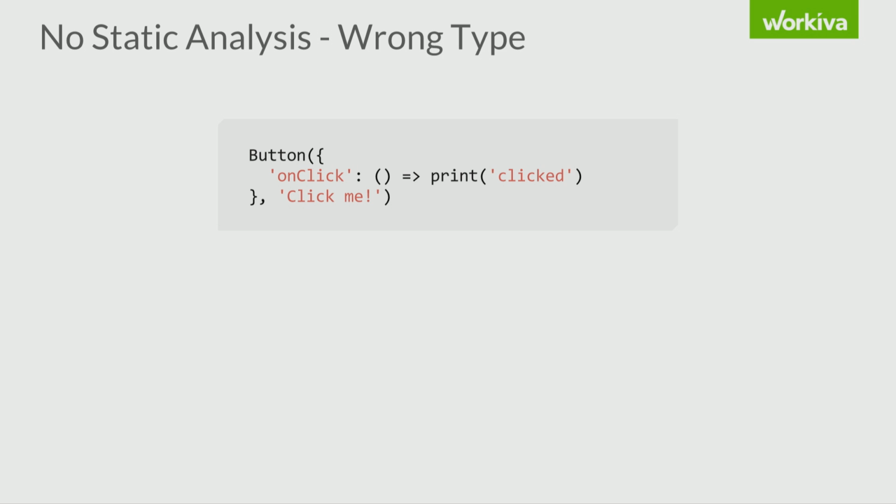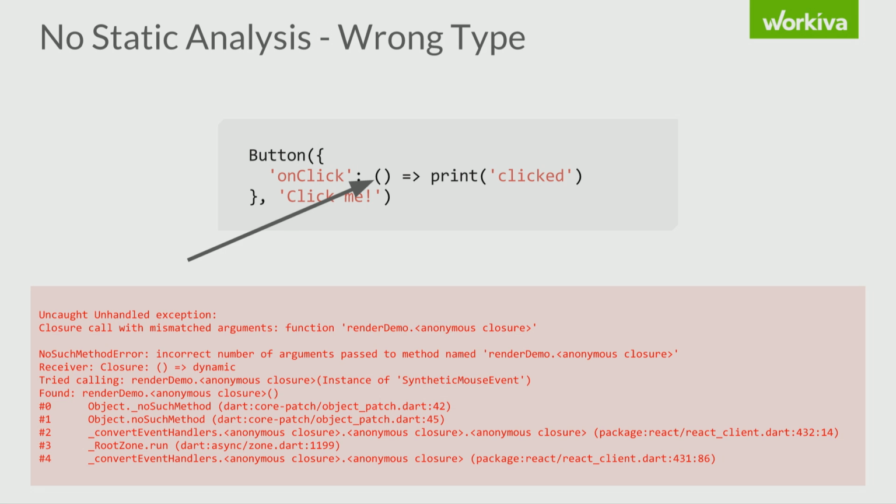Another issue you can run into is if your prop is of the wrong type. So in this case, we have a button, and we want to wire up an on-click handler so that when we click it, it prints a message to the console. And when we render that, it actually works. But when we go to click on it, we get a type error. The on-click handler expects to have one argument. It passes through the event.